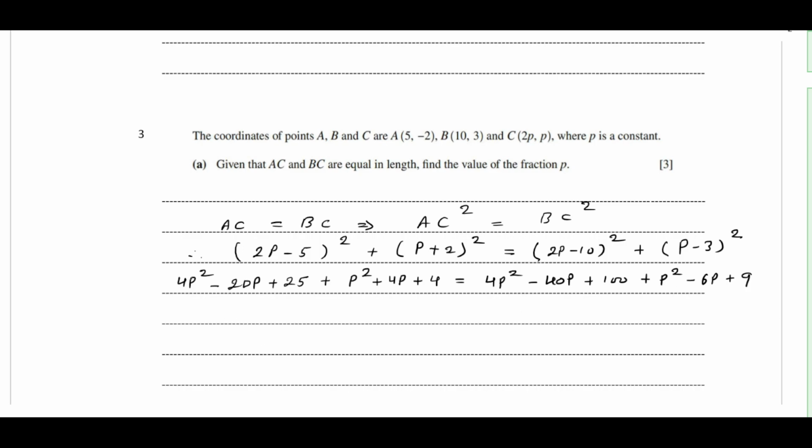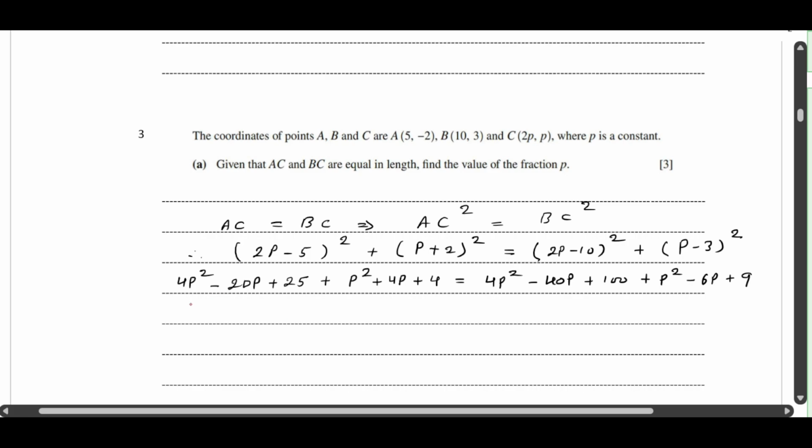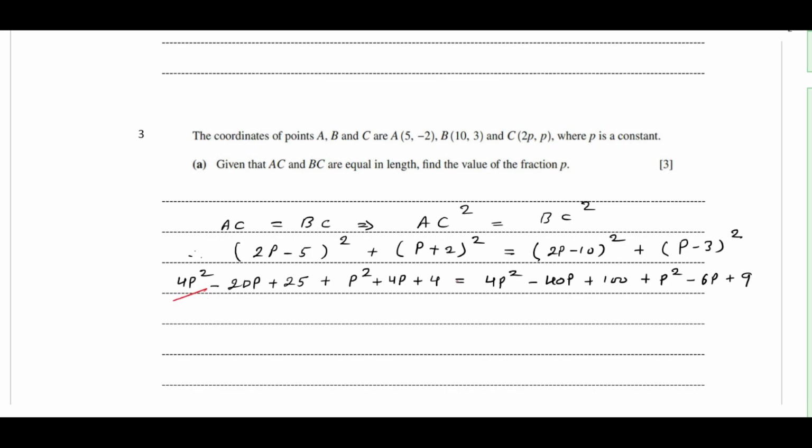Now the same terms we cancel from both sides. This 4p square will cancel with 4p square, and plus p square will cancel with plus p square.